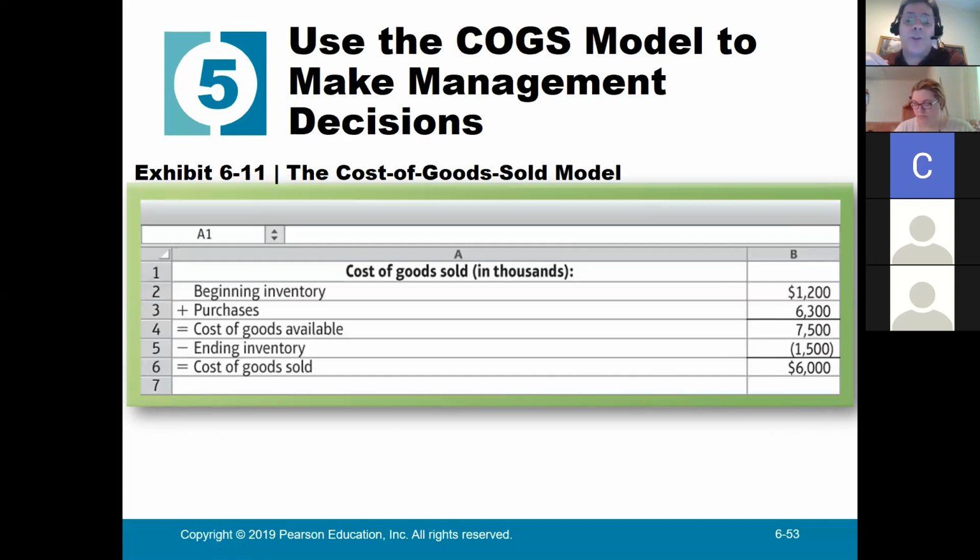You could sell what you bought in the meantime. And then you subtract out what you didn't sell. That's your ending inventory, right? That's the stuff still sitting around. So that's your backdoor way, or your check figure, for cost of goods sold. So you subtract your ending inventory and that equals cost of goods sold.